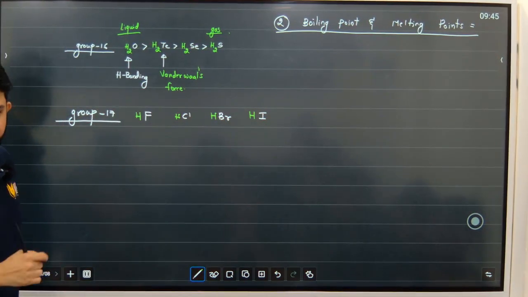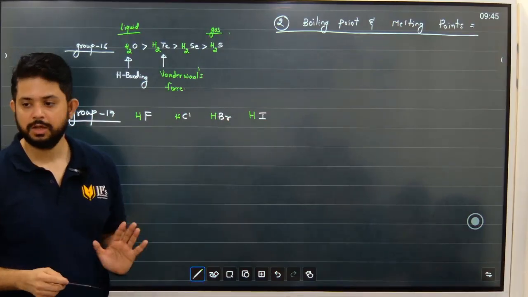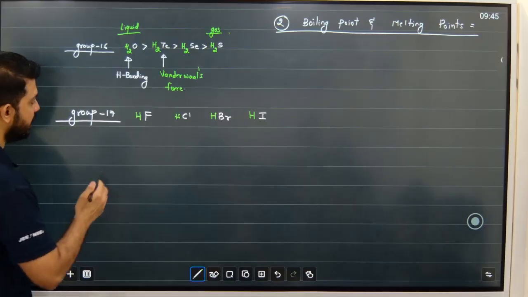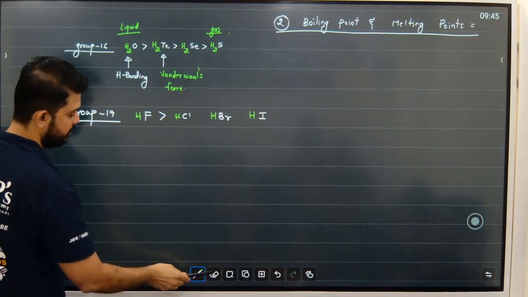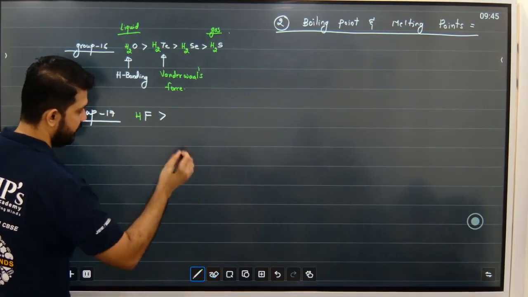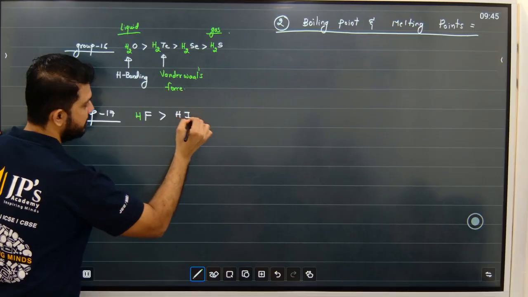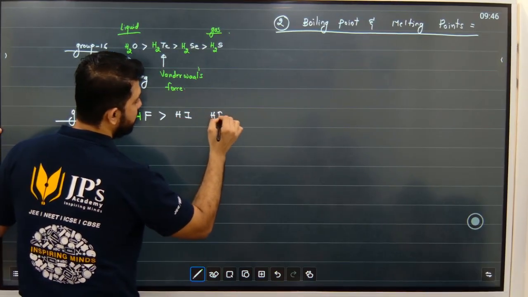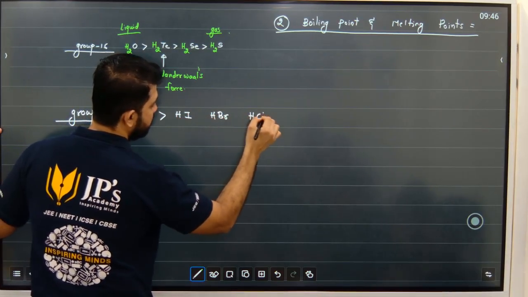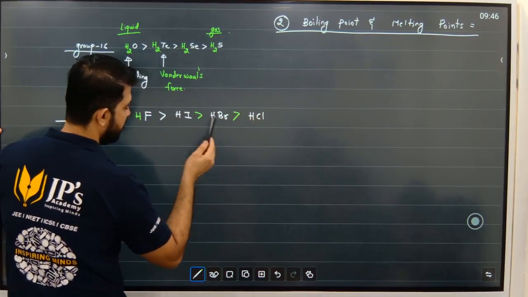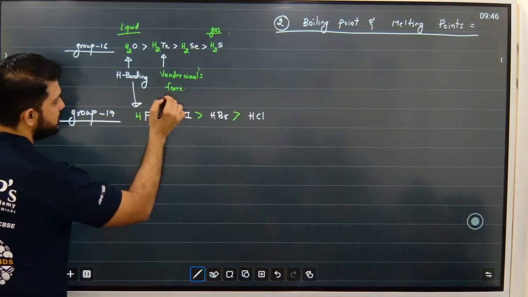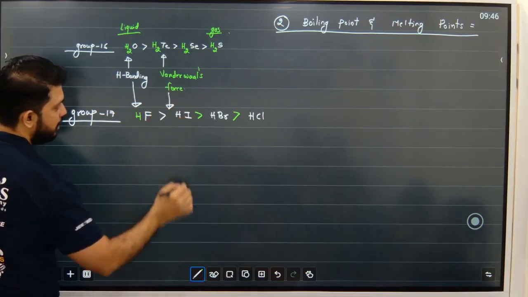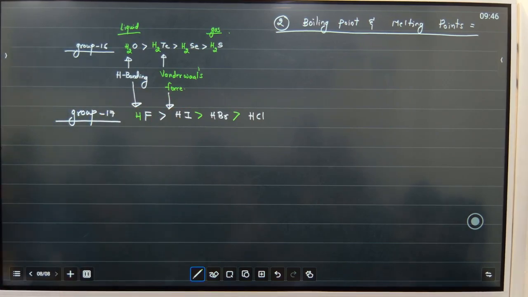If I follow the general trend, HI should have had the highest boiling point, but who has the highest boiling point over here? HF. Then who comes after that? HI, then HBr, then HCl. The reason remains exactly the same. Hydrogen bonding in HF and van der Waals forces in HI.